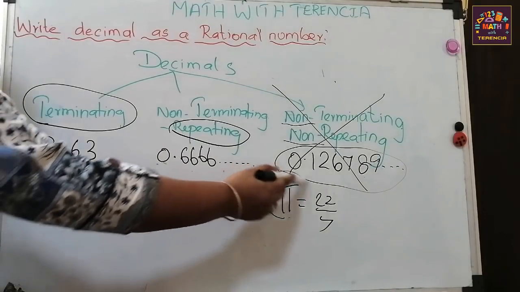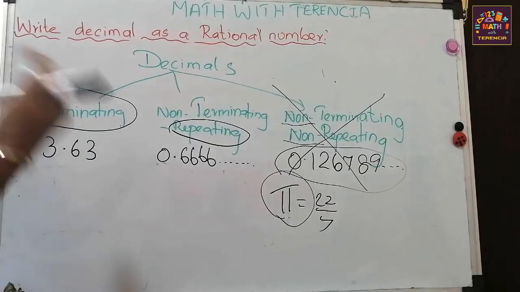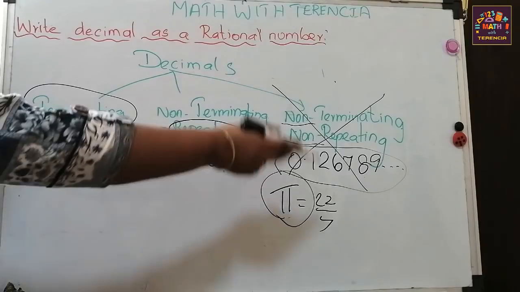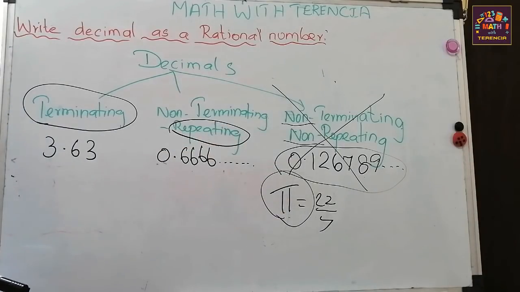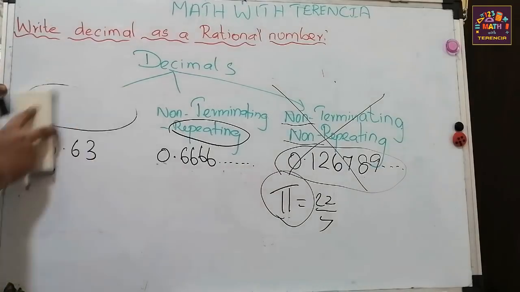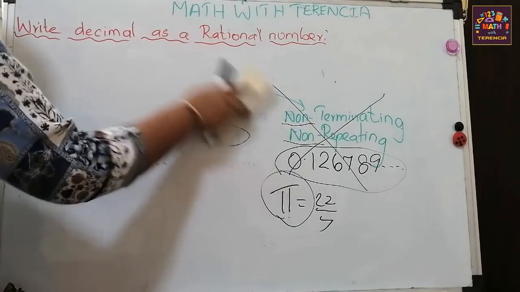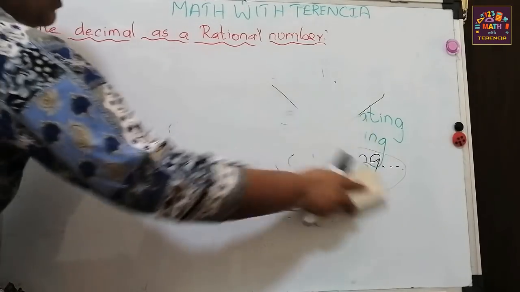If you go on in grade 11 and 12, you will come to know different non-terminating and non-repeating numbers. As of now, you know pi, so I am mentioning this. So these will not be considered as rational numbers. This is an important fact about rational numbers: we can't take all decimals as rational numbers.